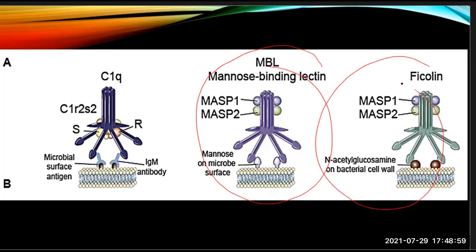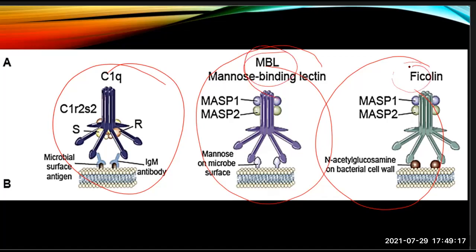These soluble lectins are collagen-like proteins that structurally resemble C1q. So again, the ficolins and the MBLs structurally resemble C1q in the classical pathway.